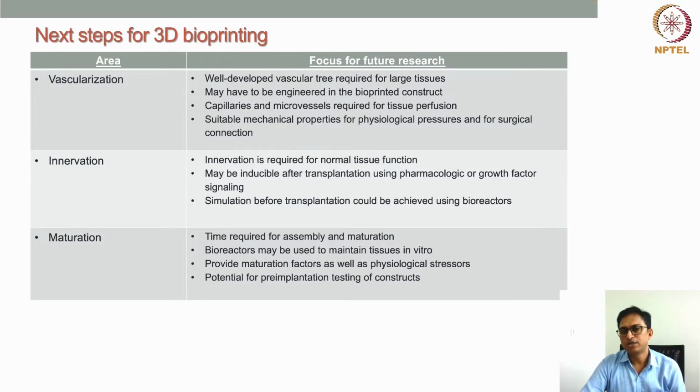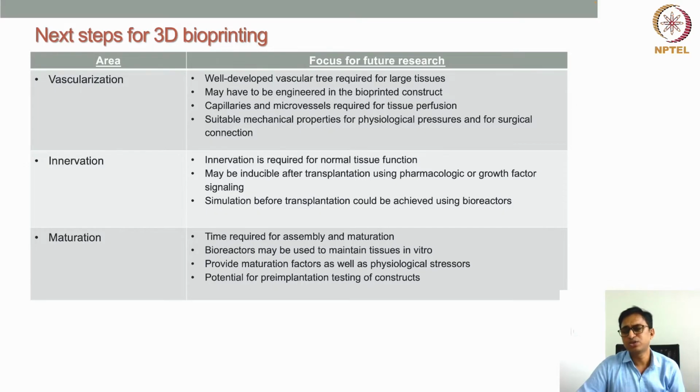But again, we need to truly recreate that vascular tissue structure, following the particular branching pattern and the particular dimensions, which is very important. Those are the points to be addressed in the future also.